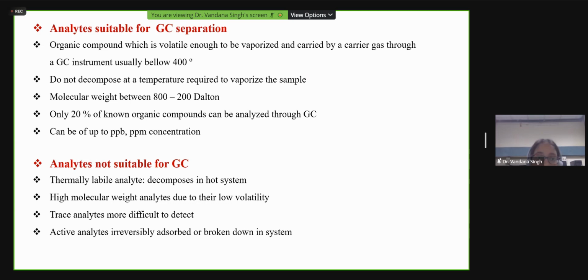Another thing, which I forgot and think is very important in this part, is that to separate the analyte we do temperature programming.